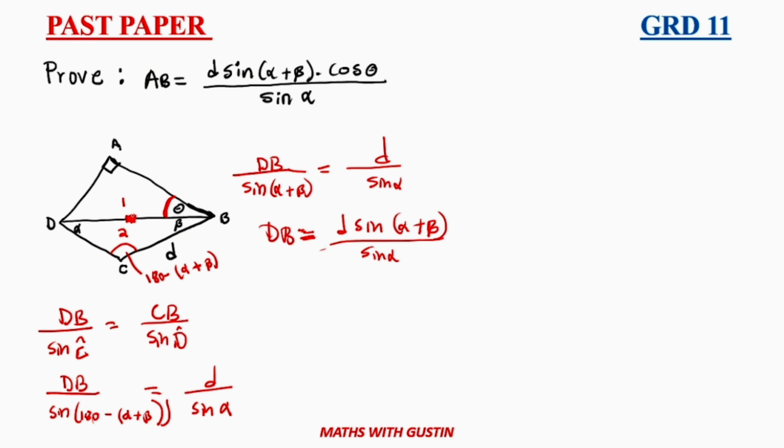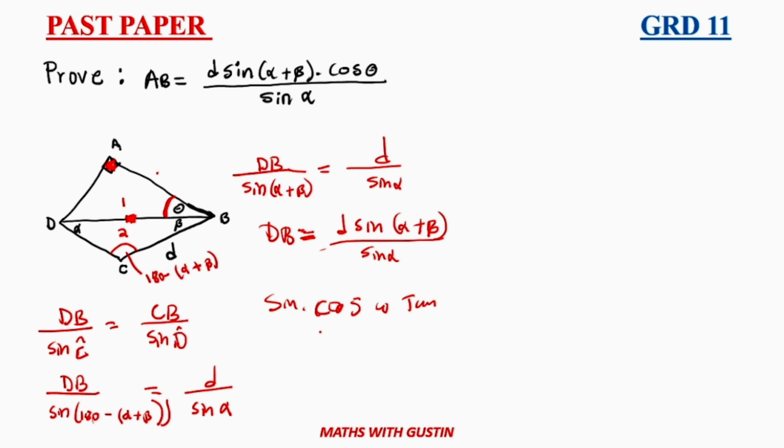So what would link this side and AB? I have already told you guys, if you see a 90 degrees there, it's a right angle triangle. With right angle triangles we use either sine, cos or tan. So now in this case, let's have a look at this one here.